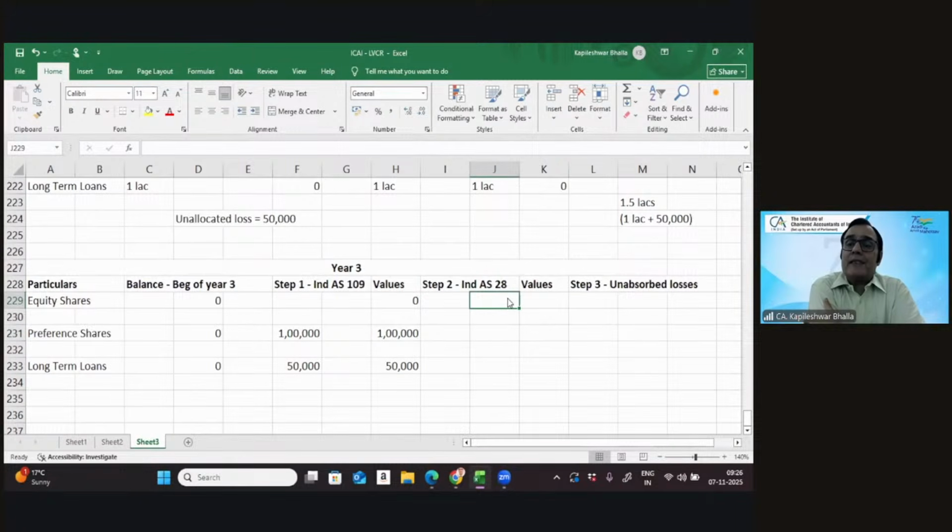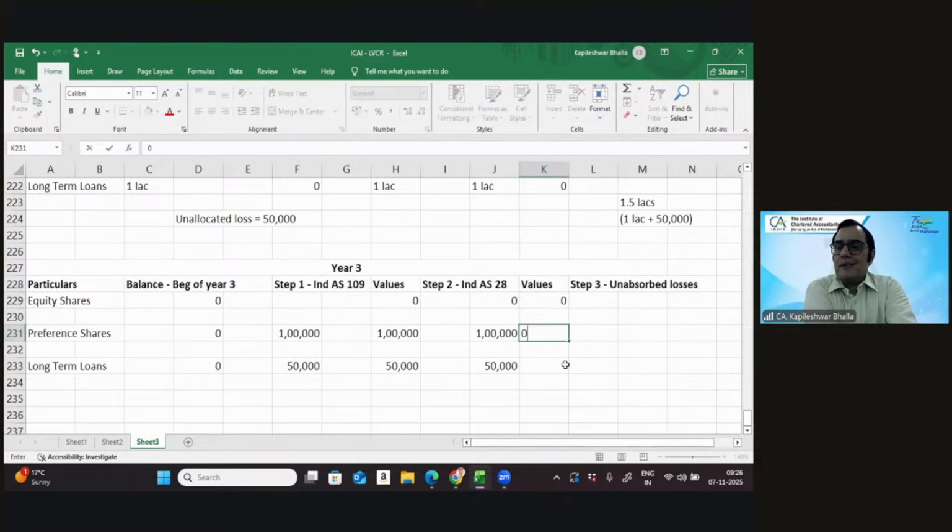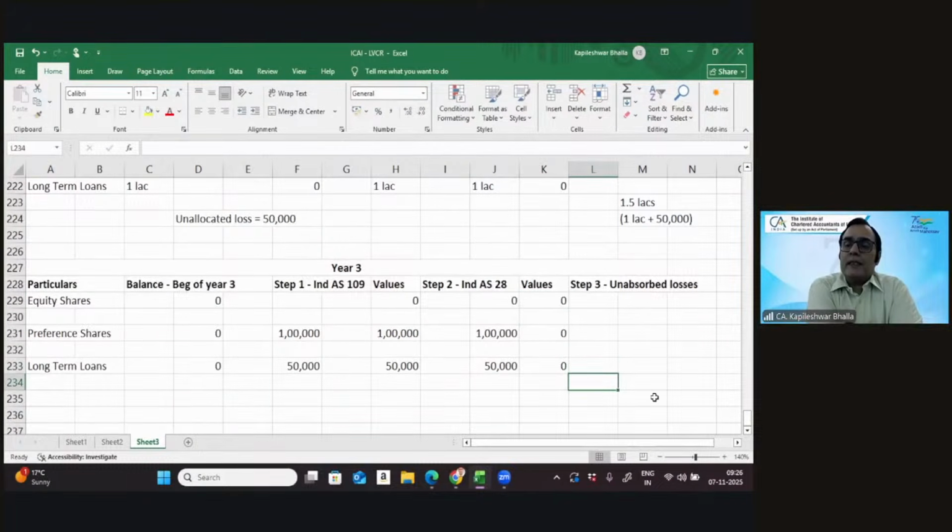We cannot allocate anything towards equity. So we'll allocate this 1 lakh towards preference share, and we allocate this 50,000, which is towards long-term loan. So we can get the values post this: 0, 0, and 0. Now, are there any unabsorbed losses after doing this?